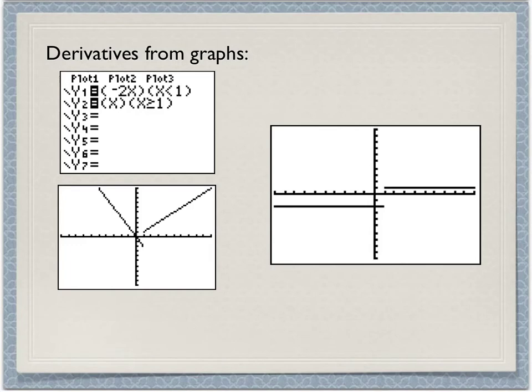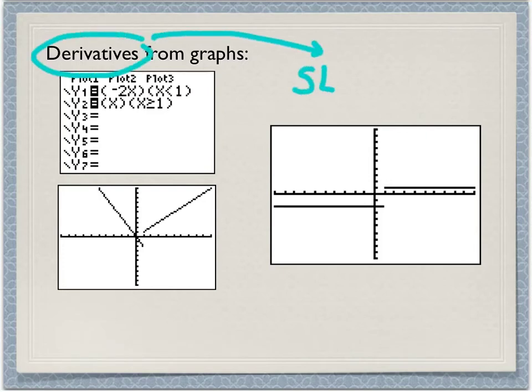Alright, you can actually also get derivatives from graphs, and this is kind of an important thing to think about. Now remember, whenever you see that word derivative, you should think that it means slope, as we've talked about in class and we'll talk about in the future. Derivative is slope.